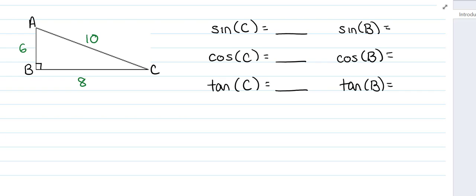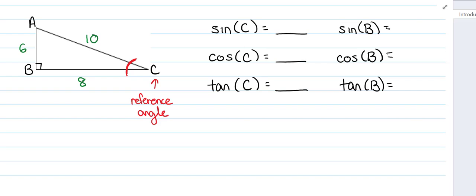So typically we're going to ask you to find the ratio of the side lengths, and sometimes we'll give you the side lengths, sometimes you'll have to be finding them in this unit. But for today, we're just going to focus on the ratios. So this first part asks us to find the sine, cosine, and tangent of angle C. So angle C is our reference angle. I'm highlighting it here. I'm labeling it as my reference angle.